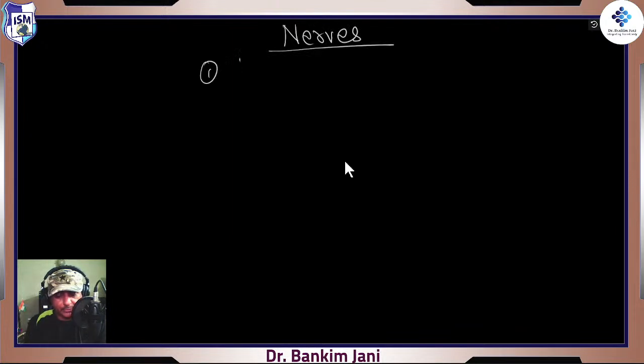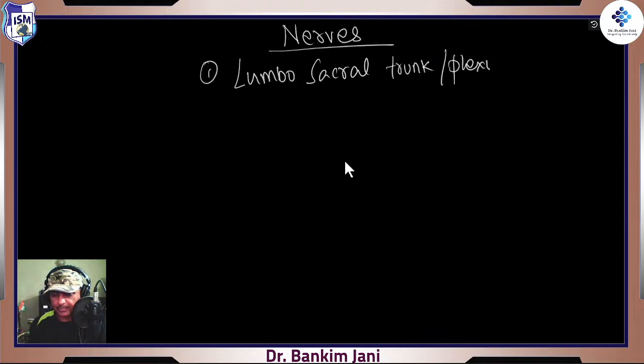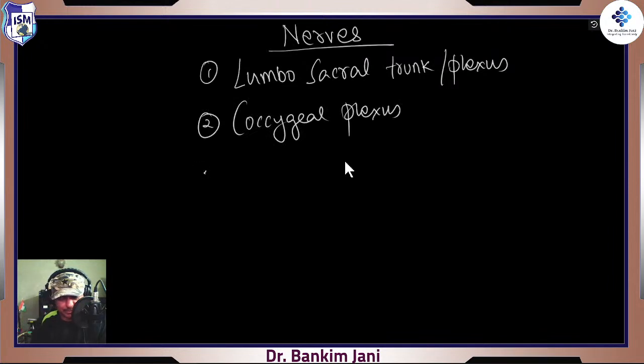As we said, there would be lumbosacral trunk or plexus, right? We can say lumbosacral trunk or plexus. This would be one. Second one would be the coccygeal plexus. This is very small, very easy. Coccygeal plexus.